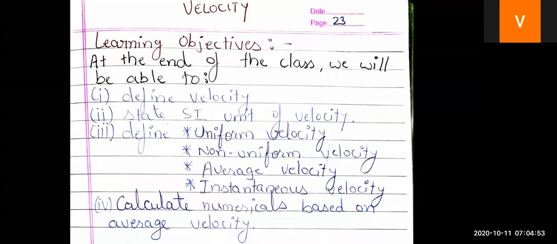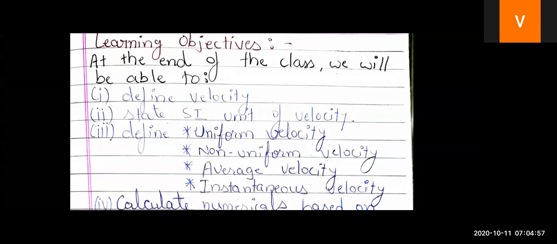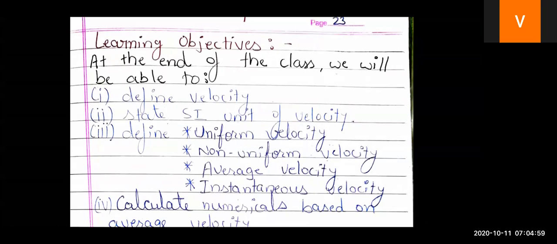Now, children, at the end of the class, we will be able to define velocity. We will know the SI unit of velocity. We will be able to know the various terms such as what is uniform velocity, what is non-uniform velocity.